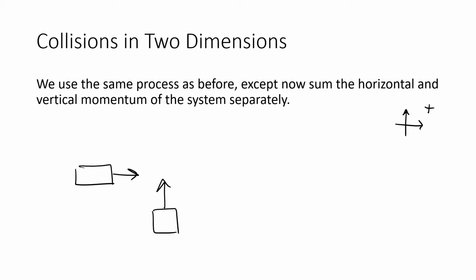We have a basketball that's much heavier, much more massive than the tennis ball. And these two things are going to collide with one another. But the total momentum of this system is going to be conserved.